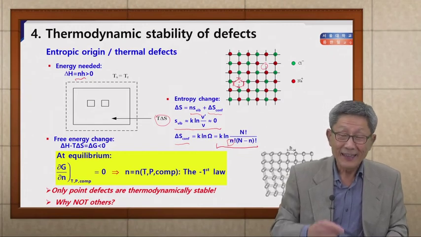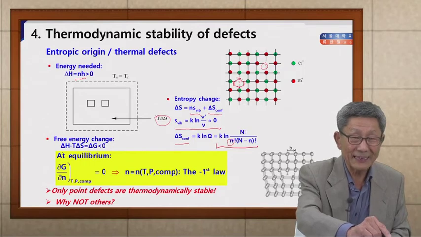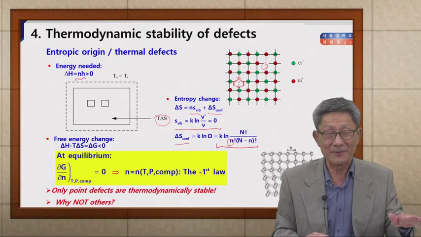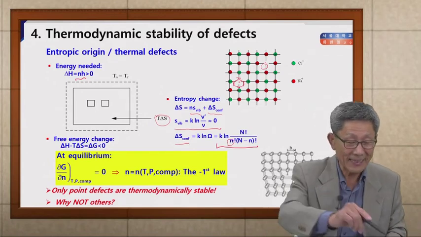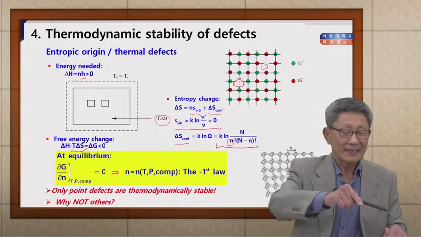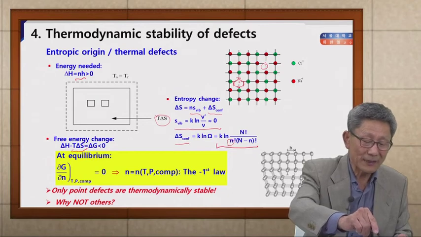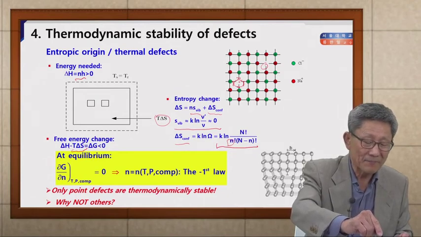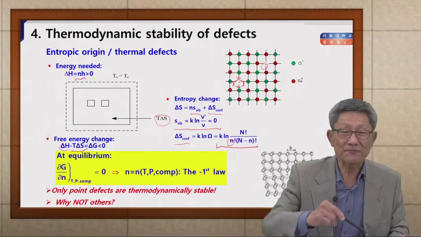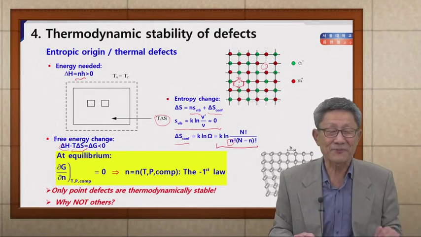Now suppose that your temperature is 0. Then you end up with only the enthalpy term as the Gibbs free energy change. Therefore, no defect can be made in any case. But as temperature increases, the T delta S term starts to become larger than the enthalpy term, eventually making the Gibbs free energy change negative, namely a decrease in Gibbs free energy.